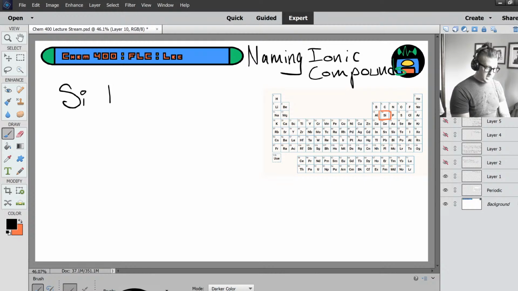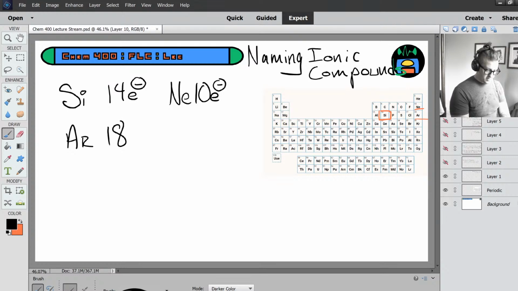The question is, is the nearest noble gas argon or neon? Well, neon has 10, so silicon's 4 away. Argon has 18, so it's also 4 away. Which one does it roll with?